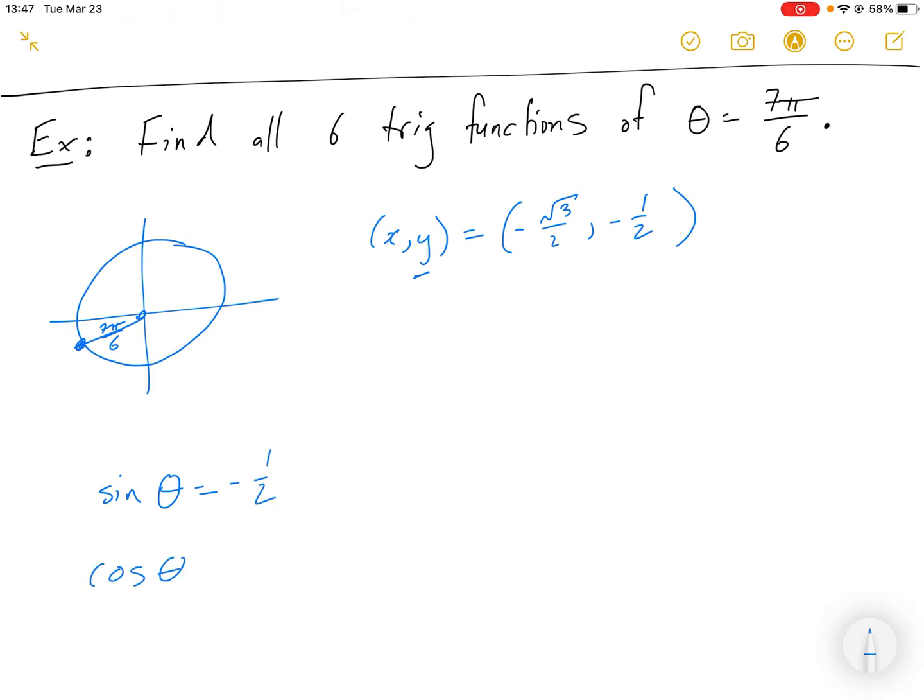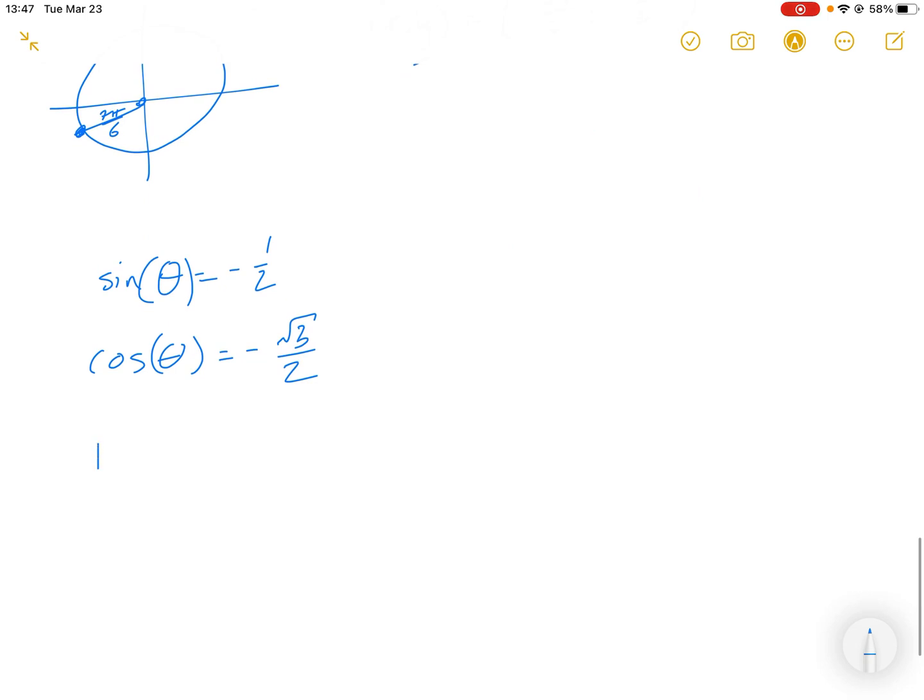And then I say, well, what's cosine of theta? You will notice that sometimes I leave off the parentheses. Technically, you don't need the parentheses there, but I like to include them just to avoid confusion later on. So cosine is negative root 3 over 2. Okay, we say what's tangent of theta.